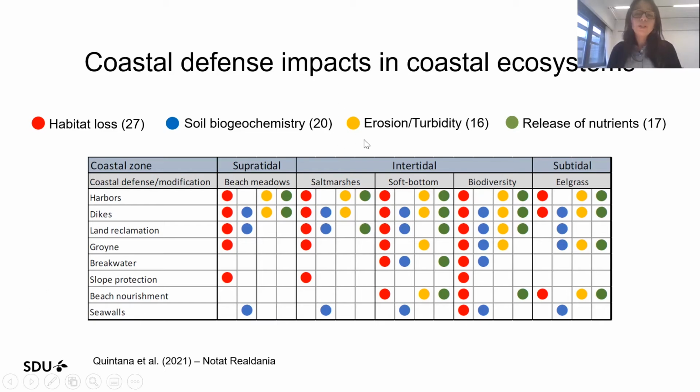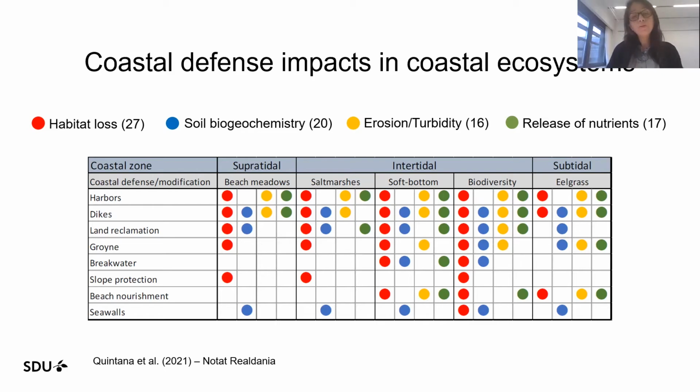And erosion happens also by removal of vegetation, but also on the outside of dikes, because you are building dikes very close to the lower part of the intertidal zone, and that will make a very narrow line of the beach or the coast outside. So you will have to constantly adapt and maintain these dikes.